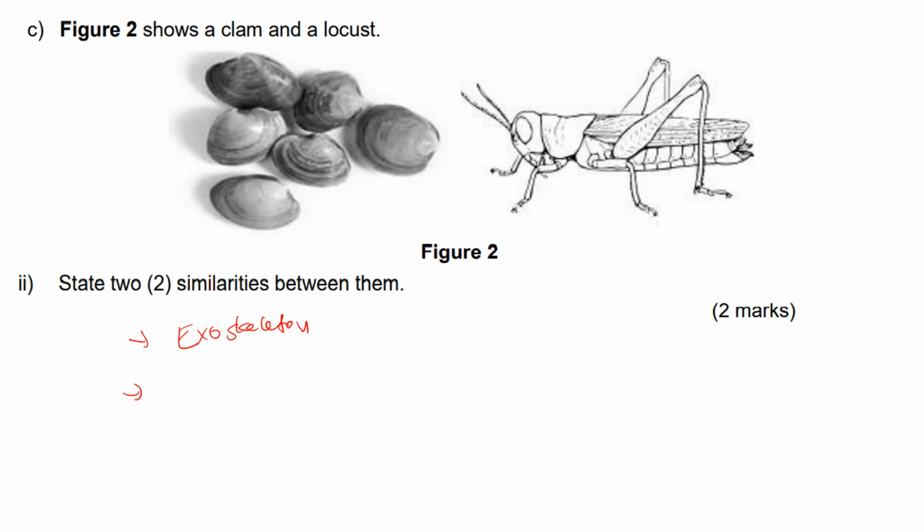And what are the other similarities that they have? They have hemocoel. So what is hemocoel? Hemocoel are body cavities that are filled with fluid, which is a mixture of blood and also interstitial fluid. They don't have any blood vessels, so they have an open circulatory system.